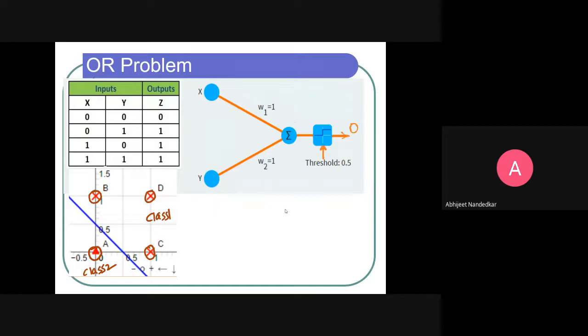Now let us move to the core of this subject. We are now moving towards the multi-layer feed forward network to be trained using back propagation.